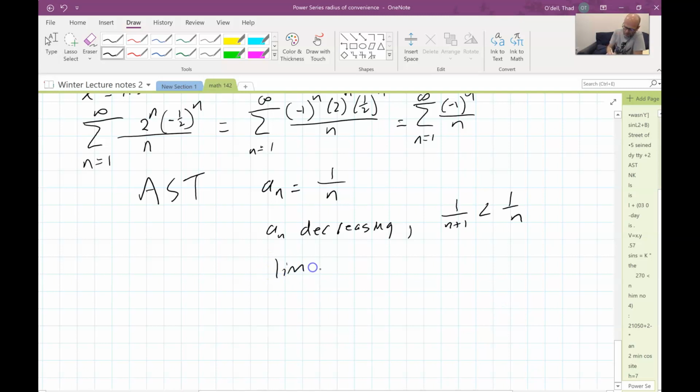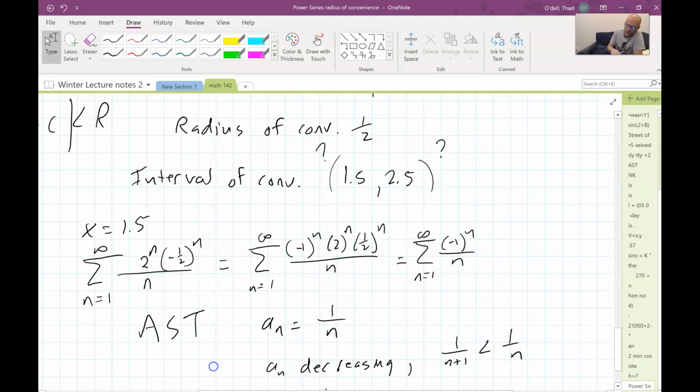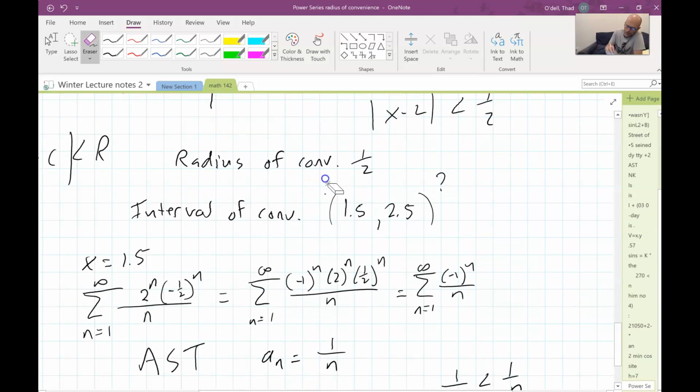And the limit of 1 over n as n approaches infinity is definitely 0. So we fit the two requirements of the alternating series test. Therefore, this series, n running from 1 to infinity of 2 to the n times negative 1/2 to the n all over n, converges. So we go back up to our interval of convergence, erase that question mark and that soft bracket and put in a hard bracket, because it actually converges when x is equal to 1.5.